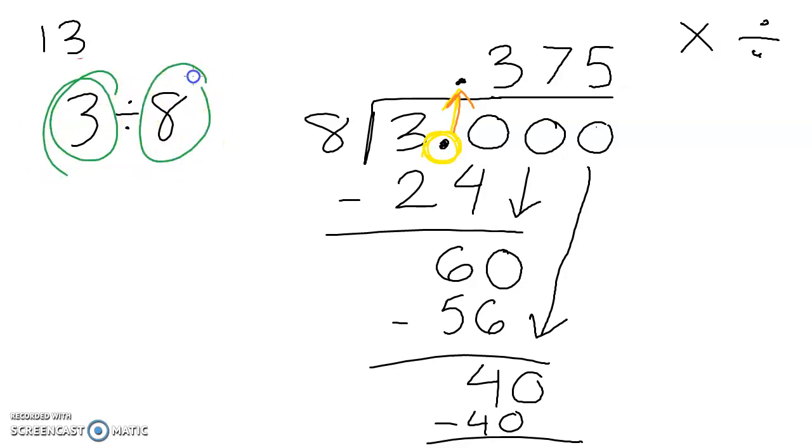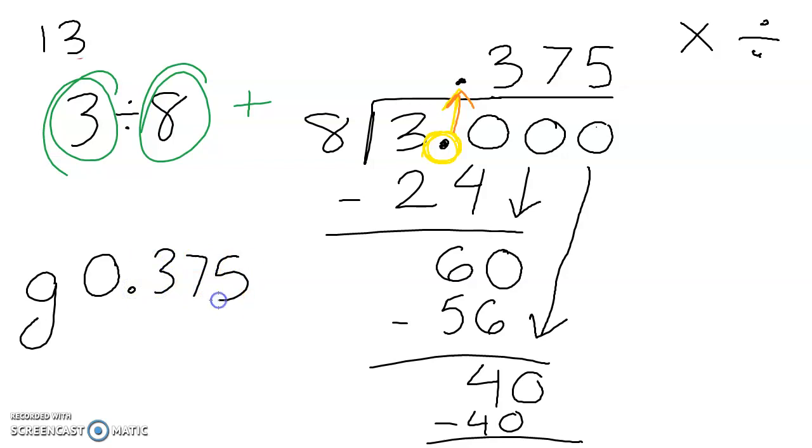This is positive, this is positive, so my answer is going to be positive as well. So my final answer for G is going to be a positive 0.375. Now, you don't necessarily need this 0 right here, but I really like writing it there because it highlights the decimal point in and of itself, so you don't lose it.